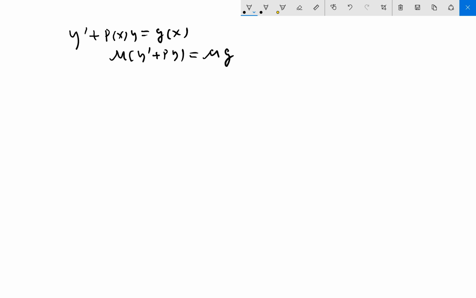So we want to multiply integrating factor mu there, such that the left-hand side can be written like this: mu y prime. Obviously, not all the function mu can achieve that. So we want to see what kind of equation mu should satisfy such that this equation is true.